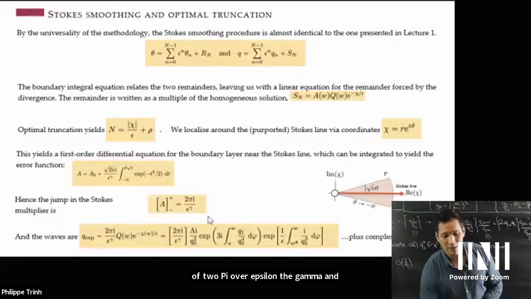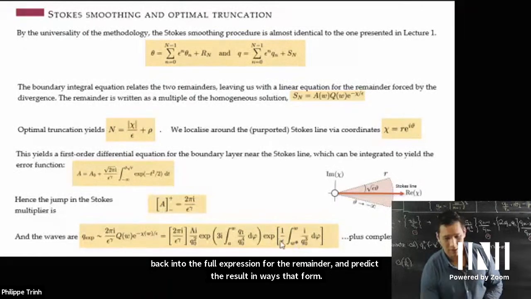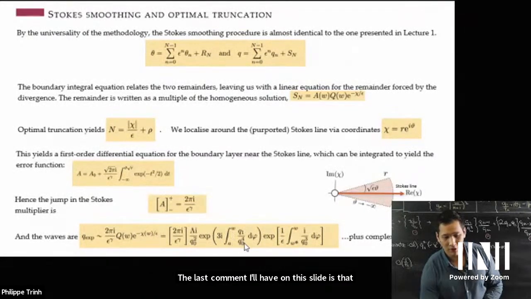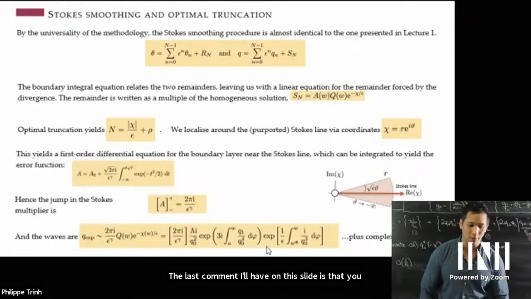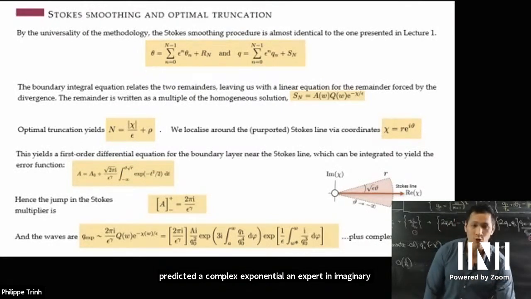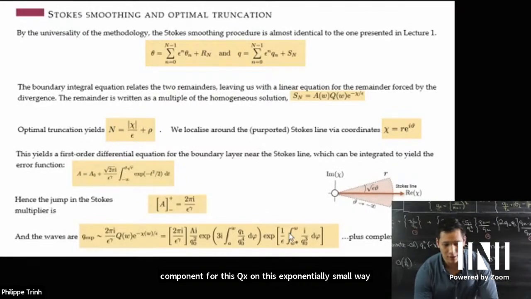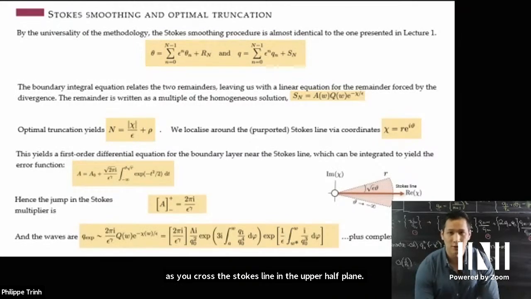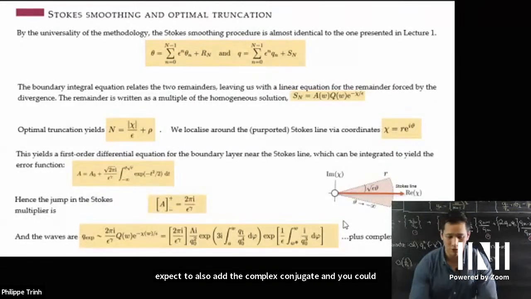You can put this back into the full expression for the remainder and predict the resultant waves that form. The last comment I'll have on this slide is that you've predicted a complex exponential, an imaginary component for this q epsilon, this exponentially small wave, as you cross the Stokes line in the upper half plane. By the reflection principle, because the solution is expected to be real on the axis, you also expect to add the complex conjugate, and you could equally have done the analysis for the Stokes line in the lower half plane.